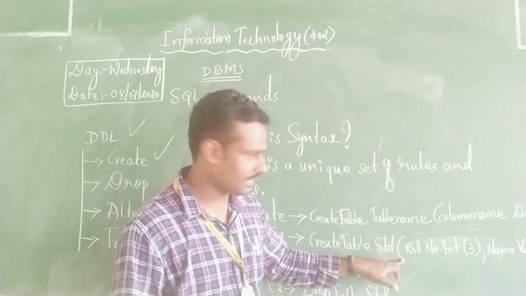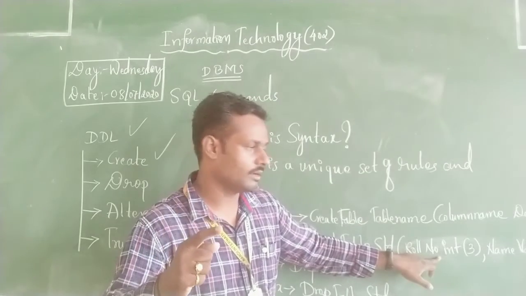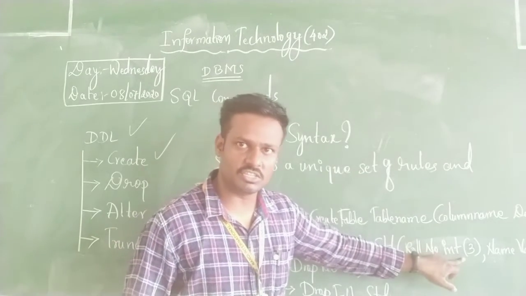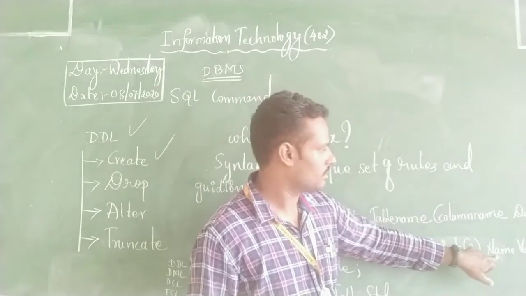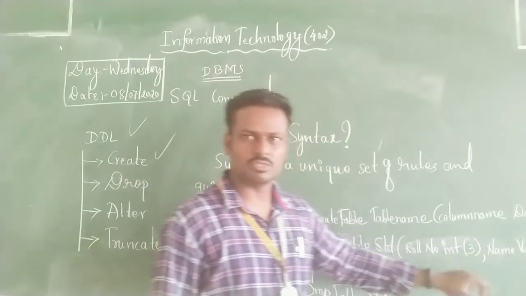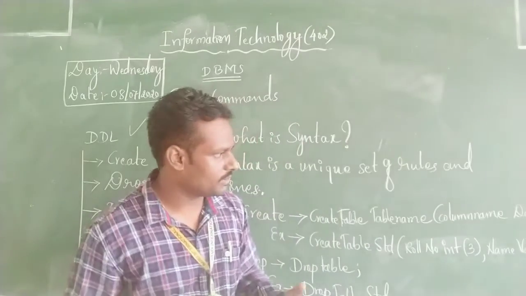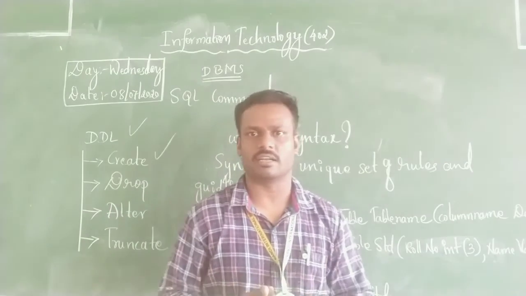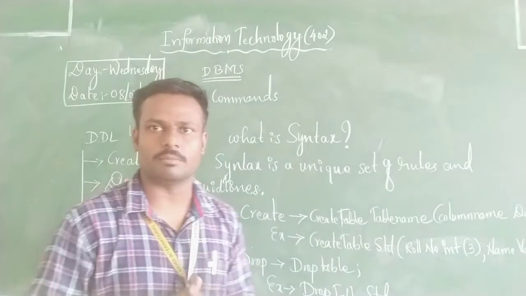In brackets, my first column is roll number and its data type is integer, right? And next is name, meaning student name, and its data type is character. How many characters, 20 or 30? So this is a syntax of a create command.